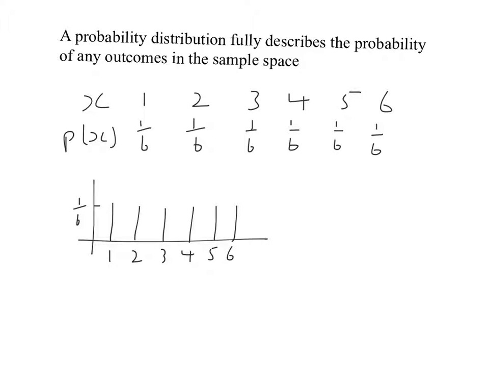Another way is to write a probability mass function, where the probability that the random variable uppercase X equals a particular lowercase x is a sixth. What's this lowercase x? Well, x could be 1 or 2 or 3 or 4 or 5 or 6. So you could get the probability distribution given to you in any of these three ways.